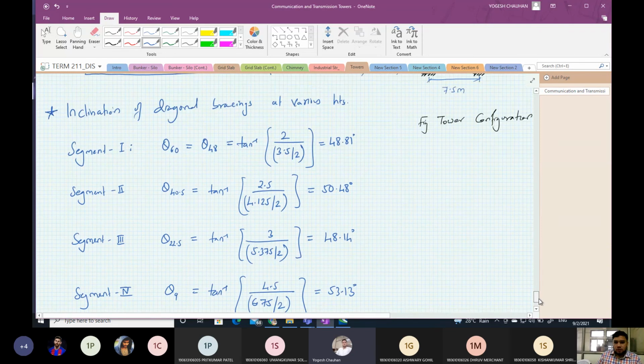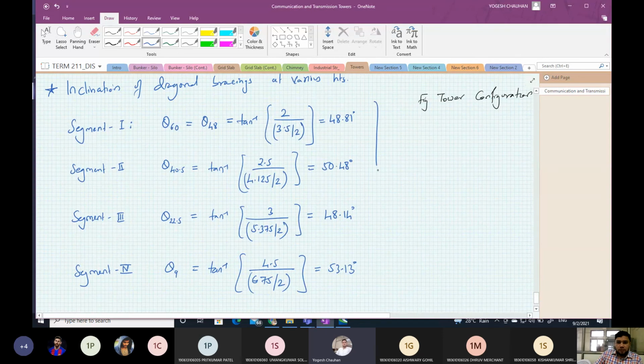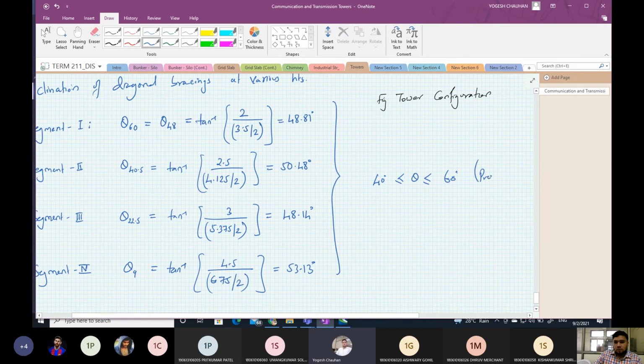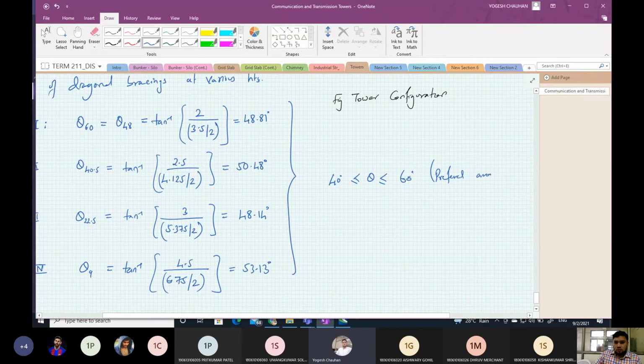Okay, so here you can see that these inclinations are within 40 degree to 60 degree, which is the preferred range, preferred around 50 degree.